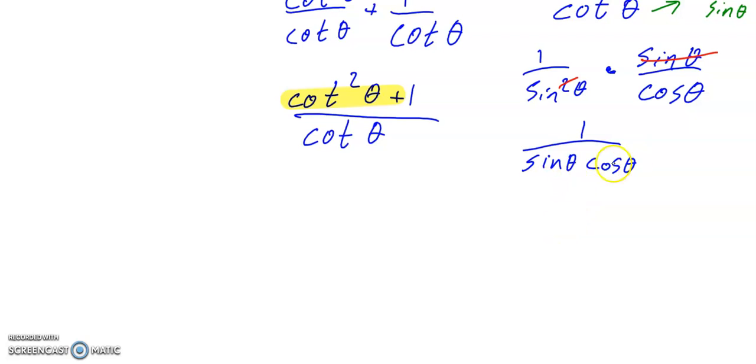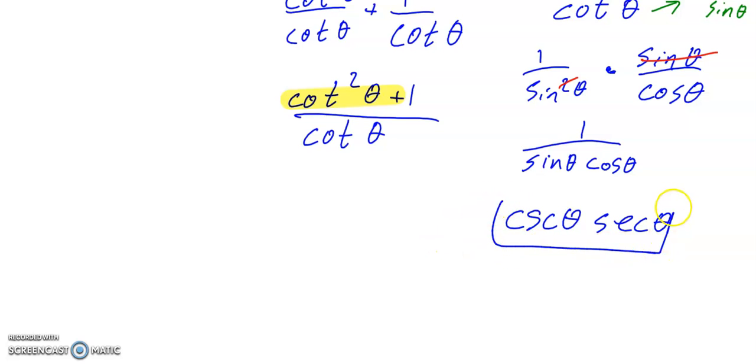Well, I can't do anything more with this, but the instructions said no fractions. So what we're really saying here is 1 over sine and 1 over cosine theta. 1 over sine theta becomes cosecant theta, and 1 over cosine theta is secant theta. So there's my final answer. Boom.